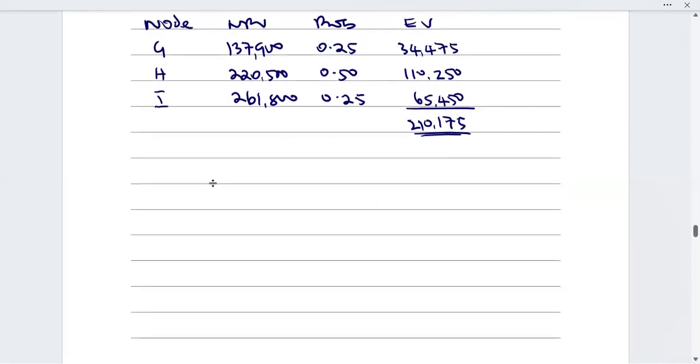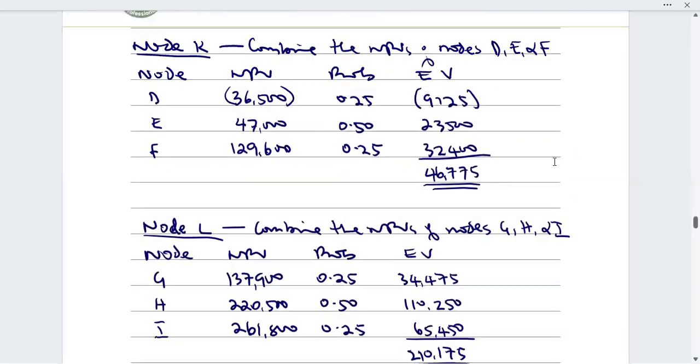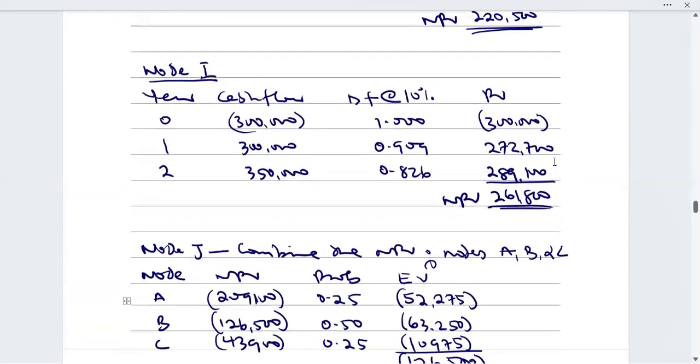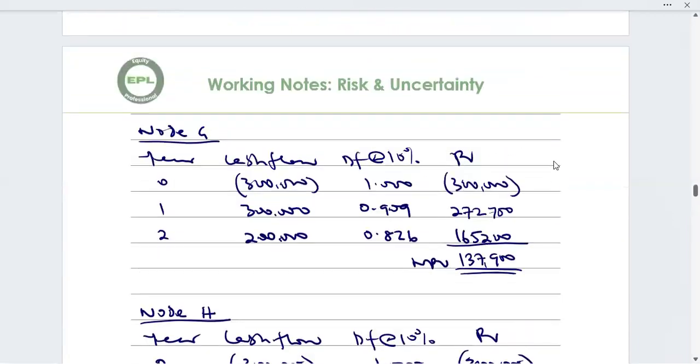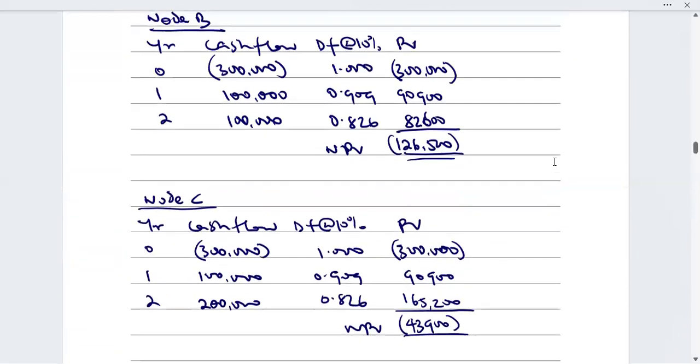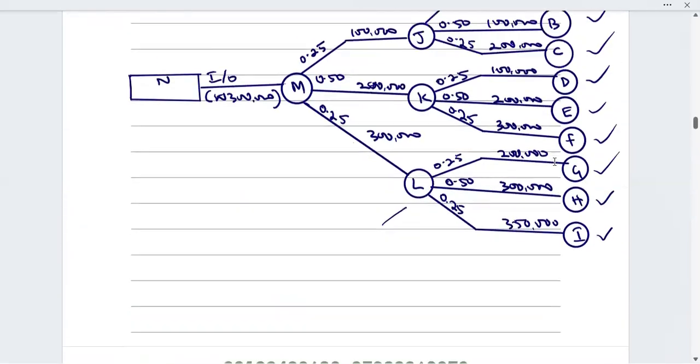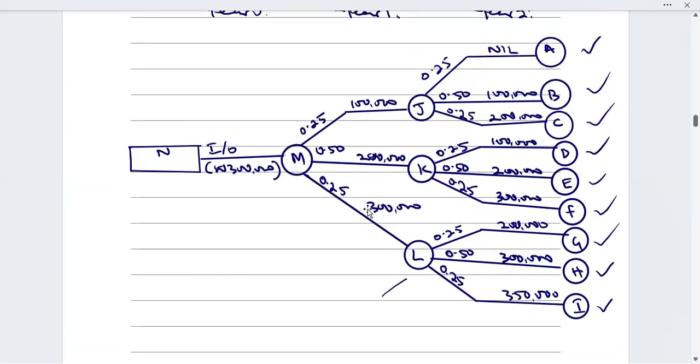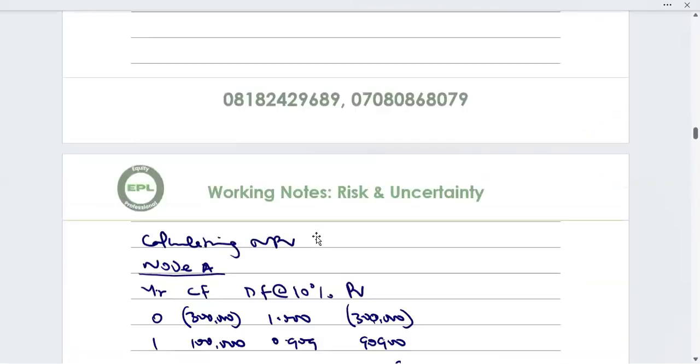We are moving to node M. Node M is coming from nodes J, K, and L. So you combine the MPVs computed for nodes J, K, and L, then you multiply with the probability.